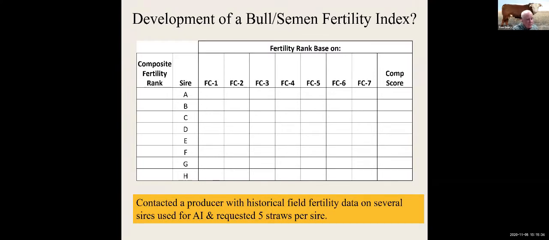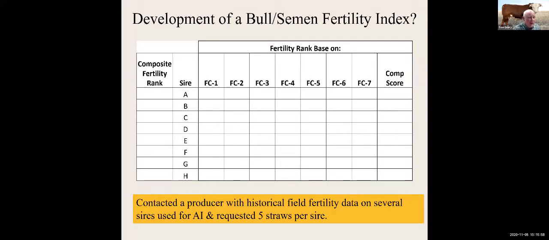And so we wanted to have them conduct breeding soundness exams, send us ejaculates. They were already genotyping calves. We would be able to identify which calves came out of the breeding season from which bull and correlate that maybe to some of the measures that we had on those bulls from that semen assessment.